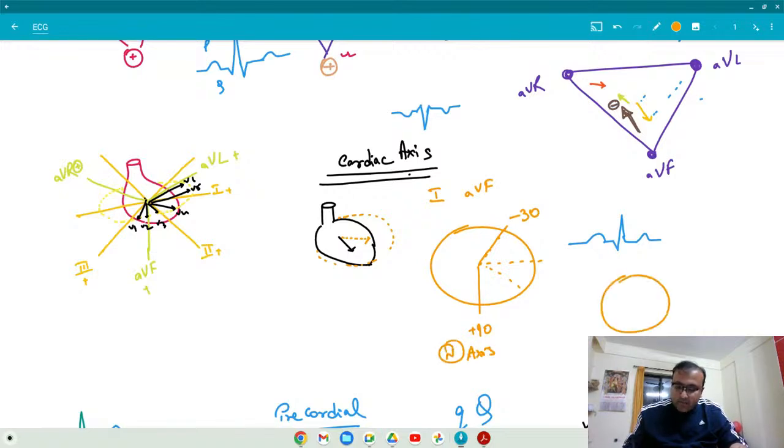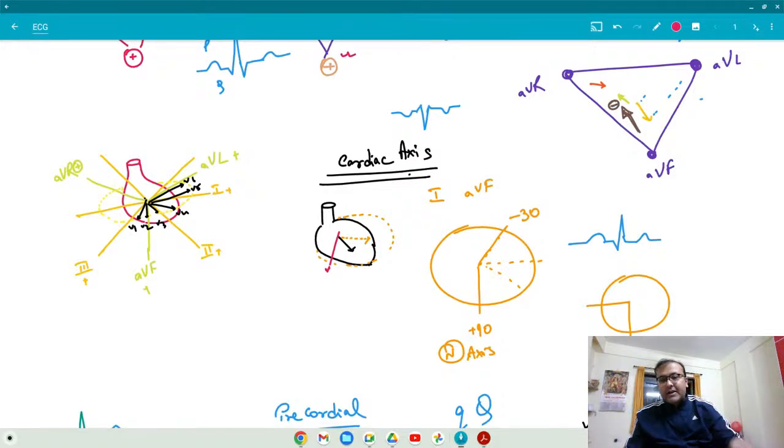Suppose somebody is there whose axis is like this, between this area. That means what is happening? If you look at the central picture of the heart, the resultant vector of the heart is in this direction. Is it right for the person, or is it wrong?